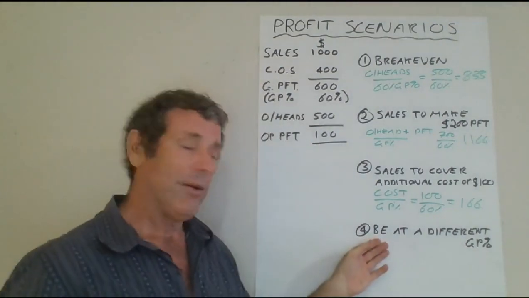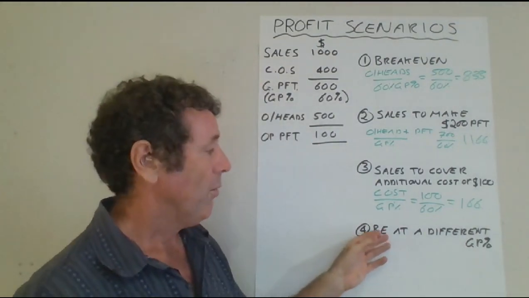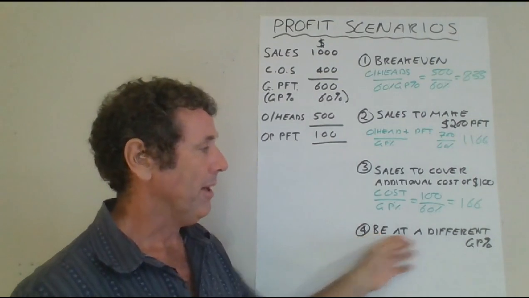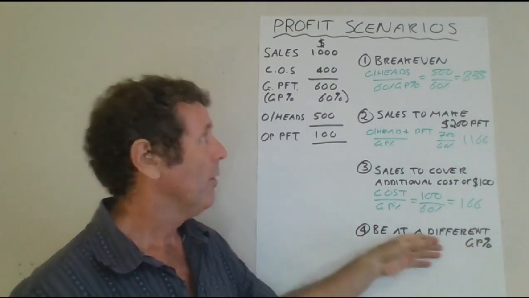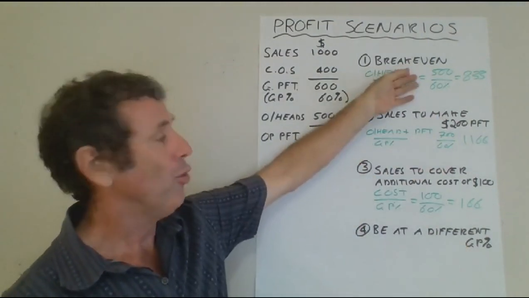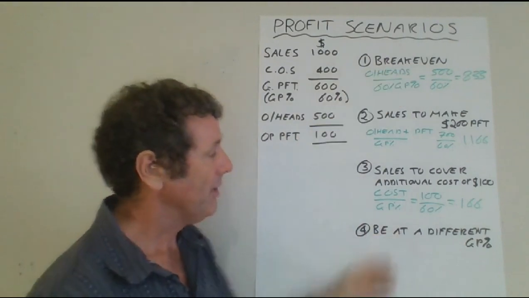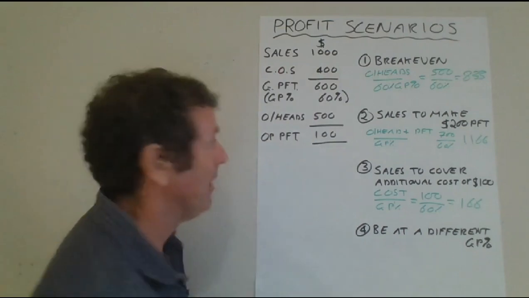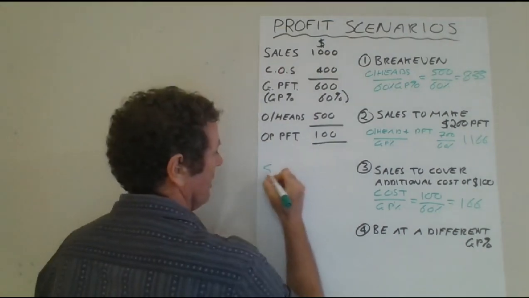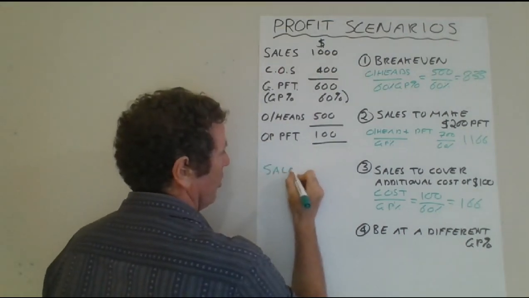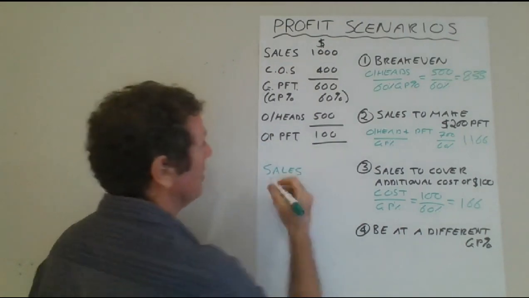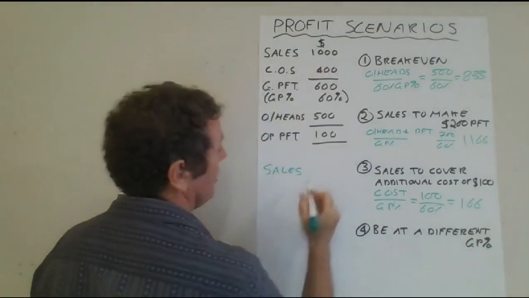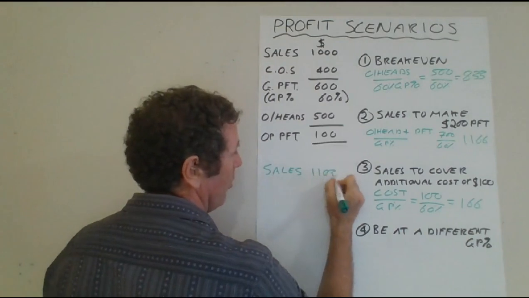And the final scenario here is, what would our break-even point be at a different gross profit percentage? Well, clearly, we're going to use that formula there. But in this scenario, let's assume you're thinking of increasing your sales price by 10%. So let's recalculate your GP percentage. Your sales will now be 10% on that, which is 1,100.